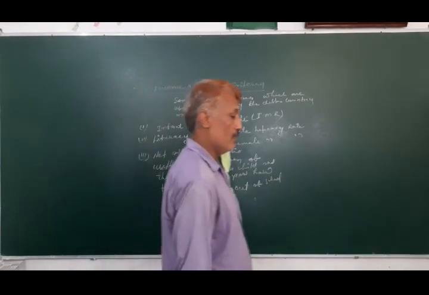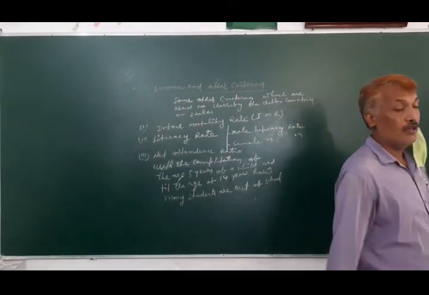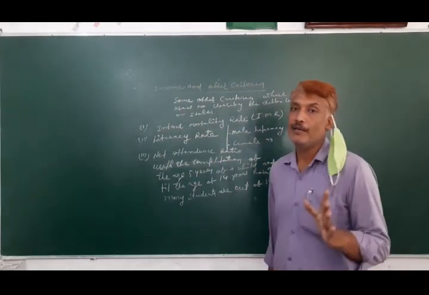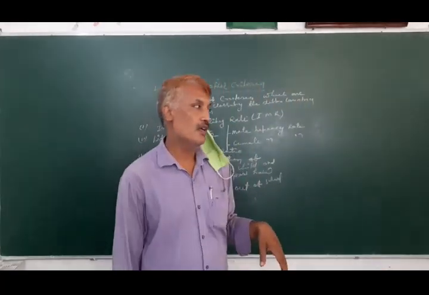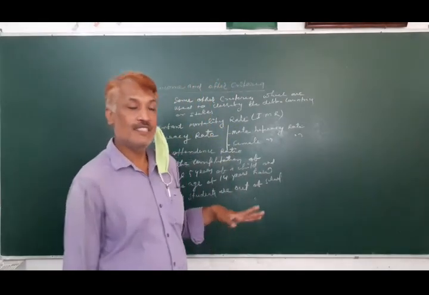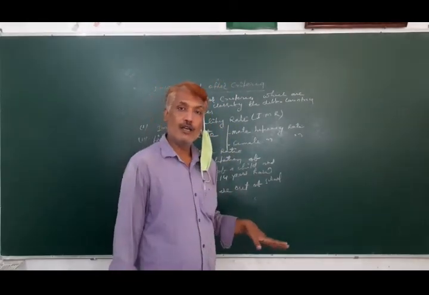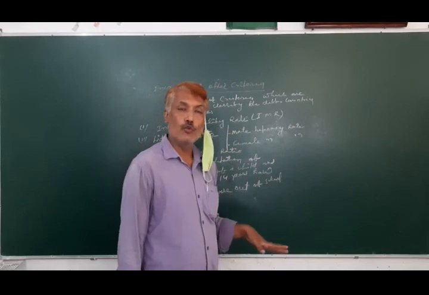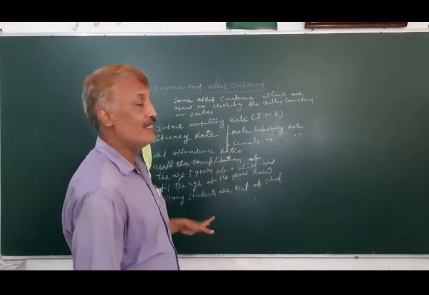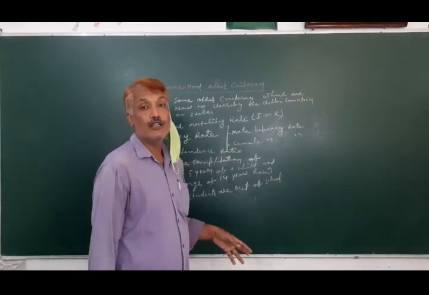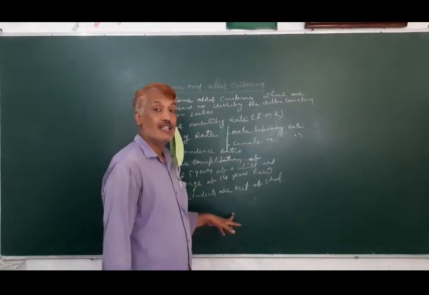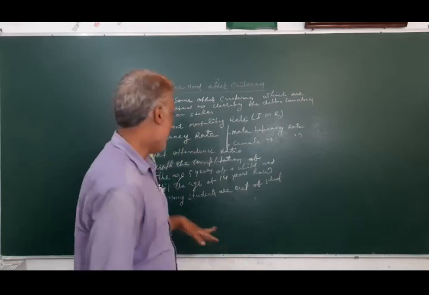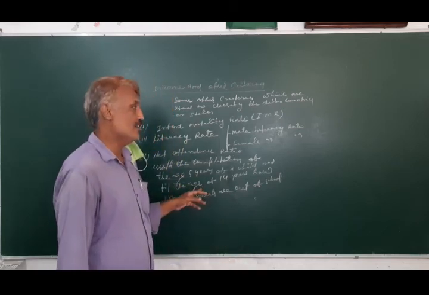Means after the age of 5 years and before 14 years, how many children or adolescents are out of school, not admitted in any school to get formal education. This is counted as the net attendance ratio.